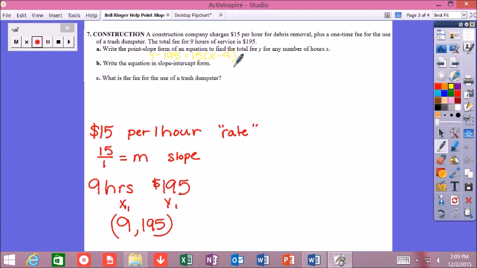Part B wants the equation in slope-intercept form. If you recall from last class and the previous class, y equals mx plus b is slope-intercept form. So we need to take the equation that we wrote in A and solve it for y.